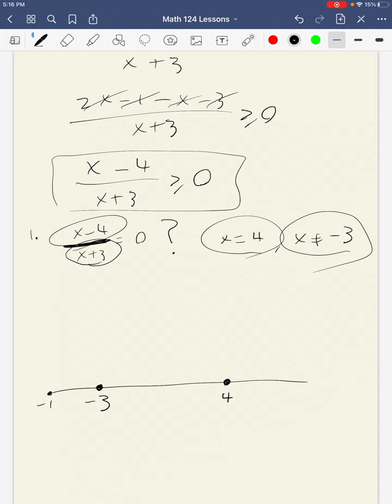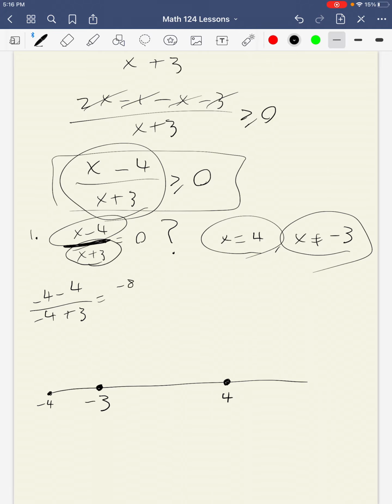So plug in negative 4. We have negative 4 minus 4 over negative 4 plus 3, right? So, I mean, that's negative, right? It doesn't really matter what it equals. What matters is if it's negative or not. What is this? Negative 8 over negative 1. Oh, excuse me, that is positive.